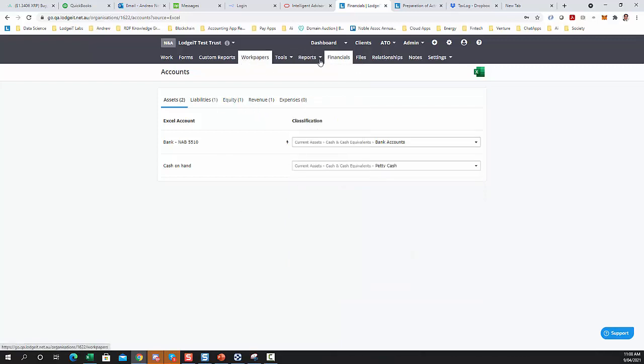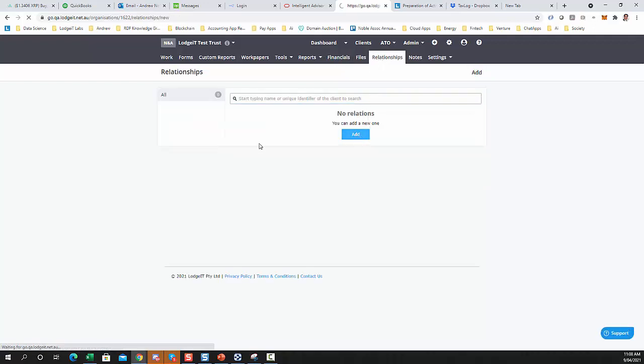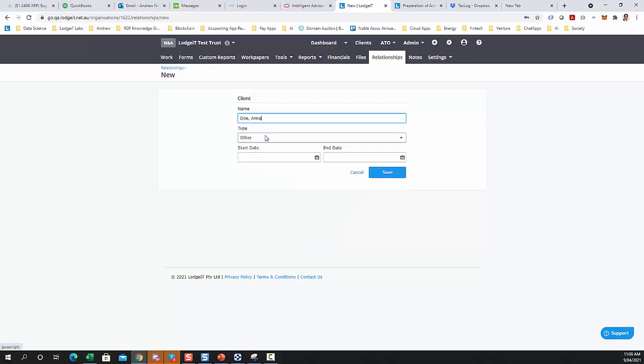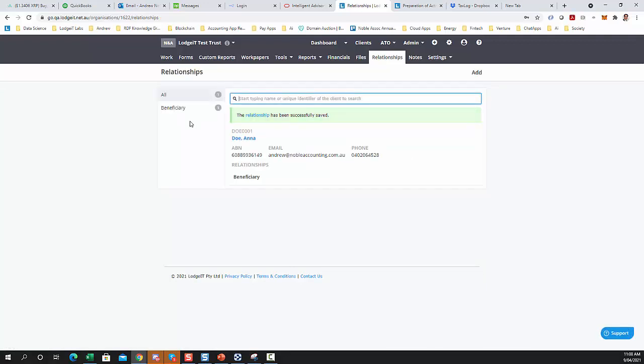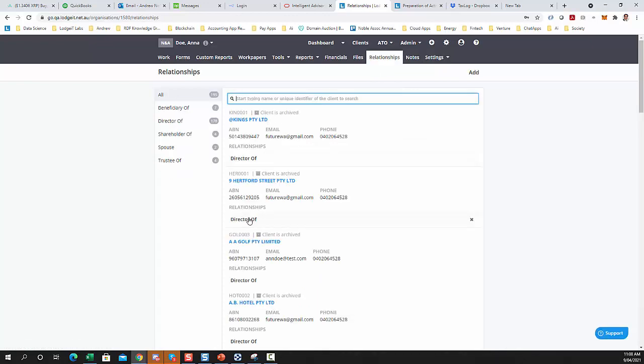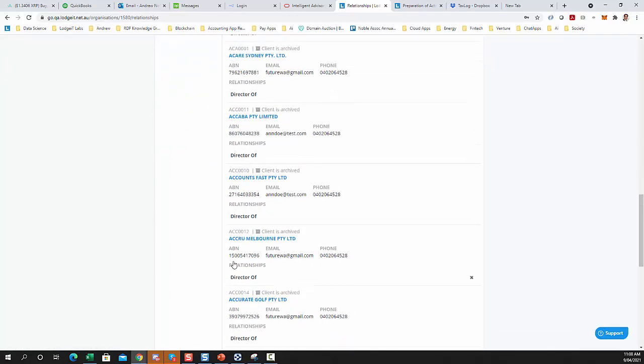And if we now go to relationships, let's add in Anna Doe as a beneficiary. So she's not beneficiary of, she is a beneficiary. Beneficiary of is the inverse relationship. So if you had a look at Anna Doe, and if you had a look through at her relationships, you would see that she is beneficiary of this trust.